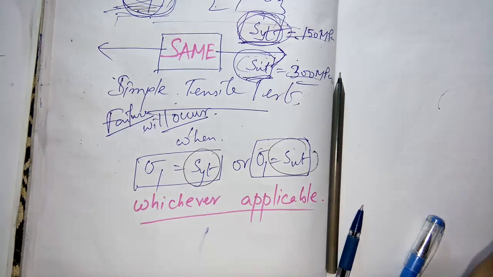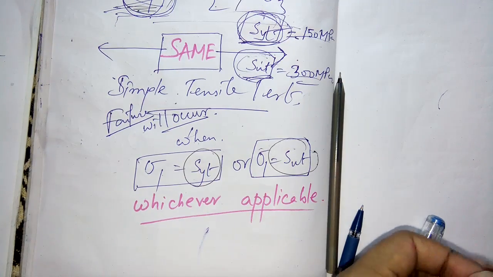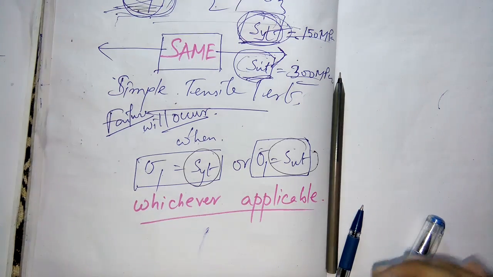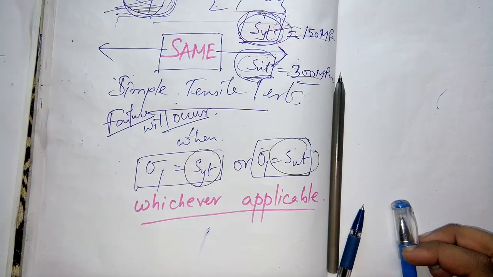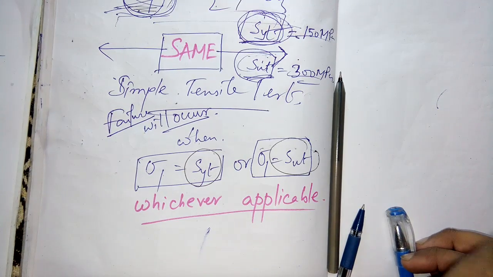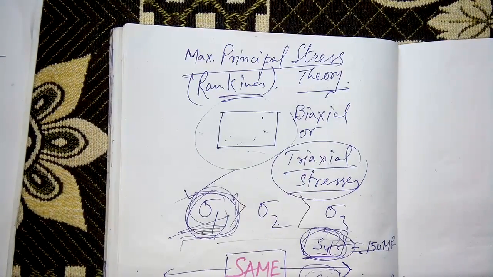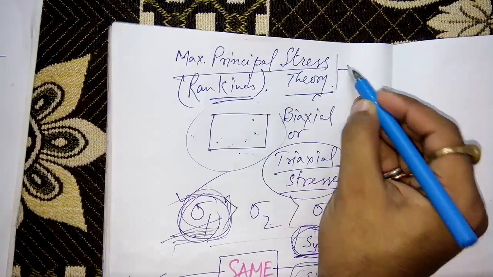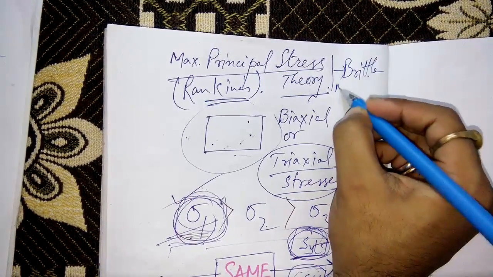So in maximum principal stress theory, we are designing a material by considering the tensile load or tensile strength. So we can conclude that maximum principal stress theory is applicable for brittle materials.